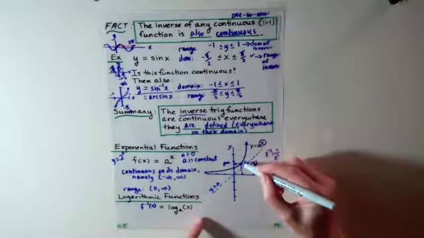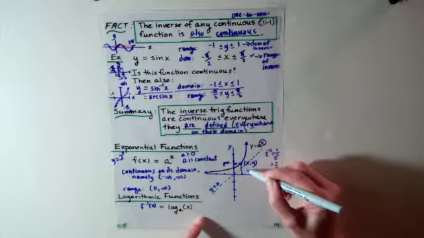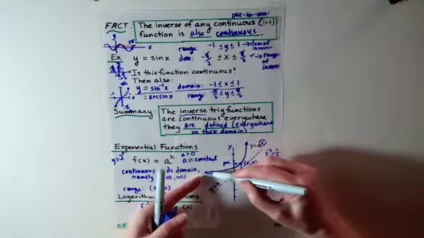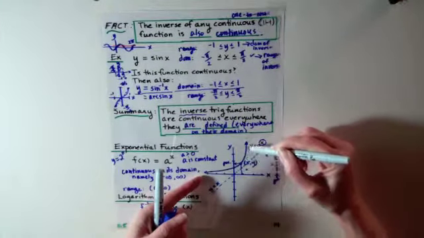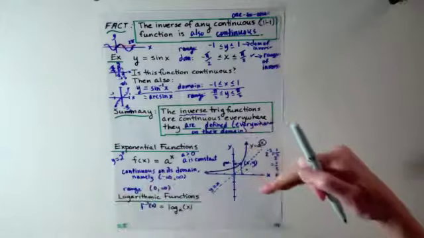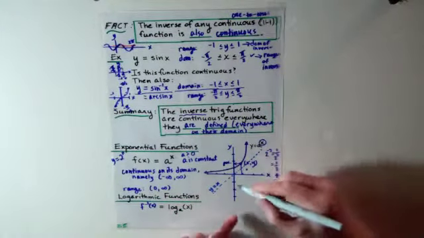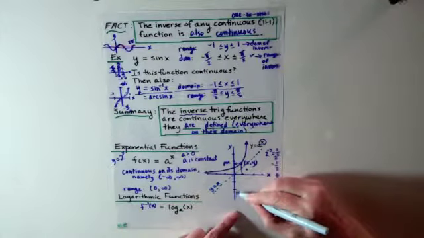And if a point (a, b) is on the graph of this, the point (b, a) will be on the graph of the inverse. If you thought about putting blue ink right on top of this purple graph and folding the page right along this diagonal dotted line, you would get a new graph that looks something like this.